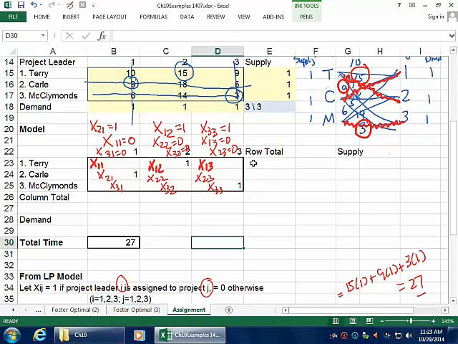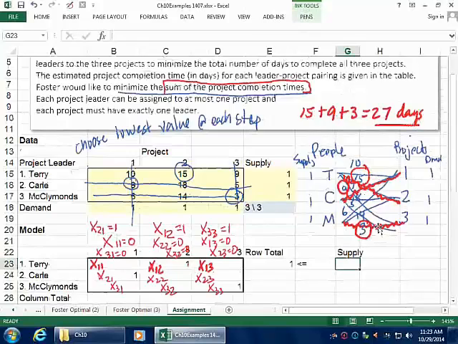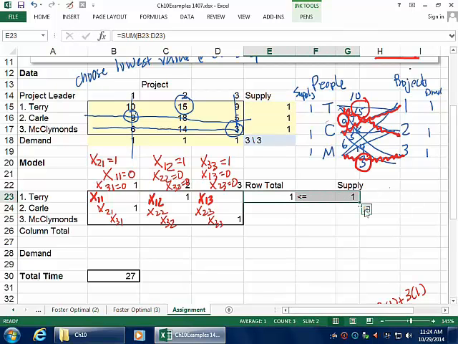Here the usual thing, I gotta sum the 3 cells in the row, and that should be less than or equal to the supply, and I'll put equal to this one here. Then copy this down.